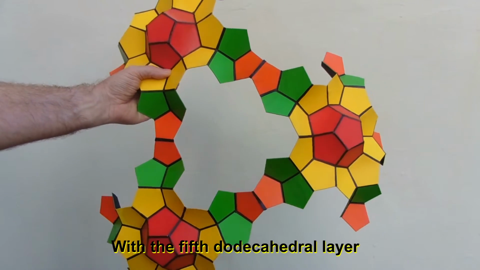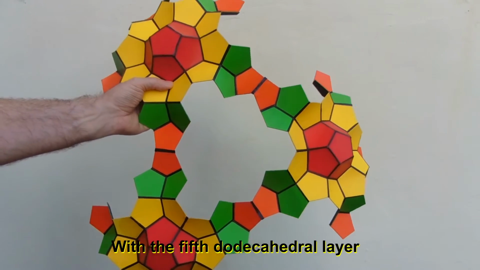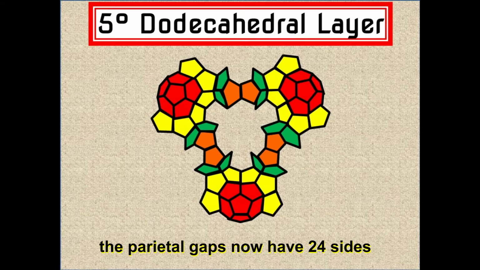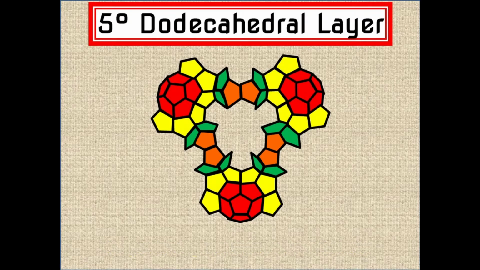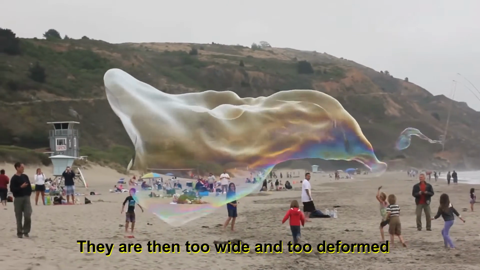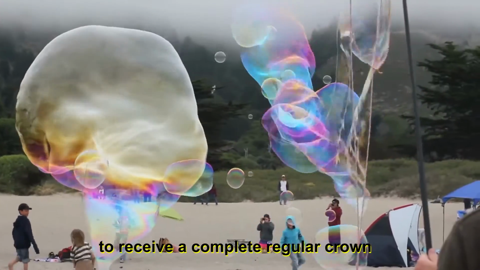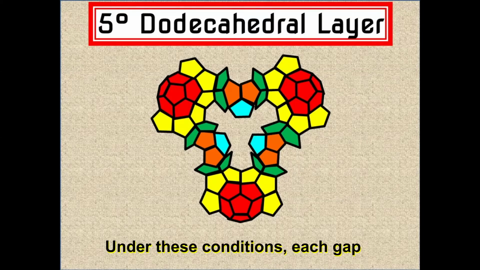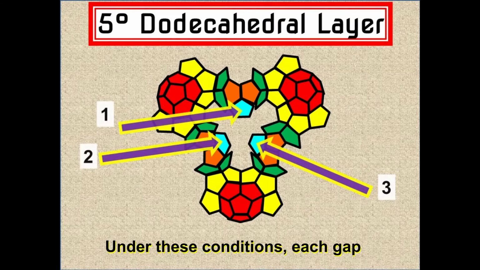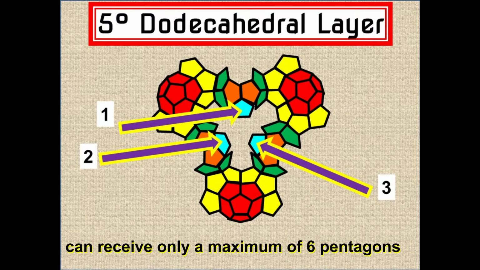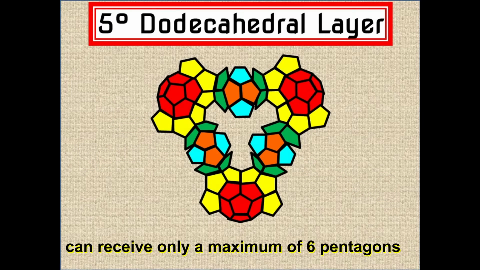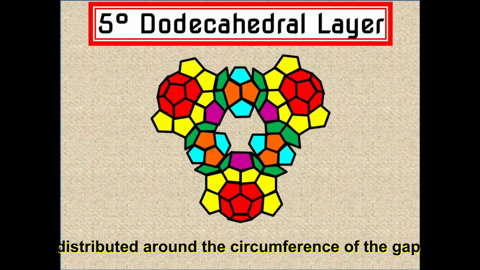With the fifth dodecahedral layer, the parietal gaps now have 24 sides. They are then too wide and too deformed to receive a complete regular crown. Under these conditions, each gap can receive only a maximum of 6 pentagons distributed around the circumference of the gap.